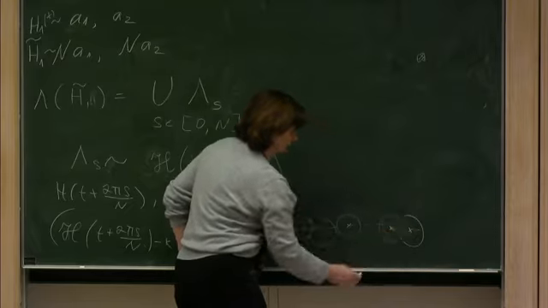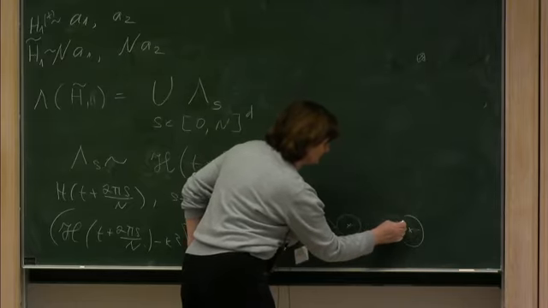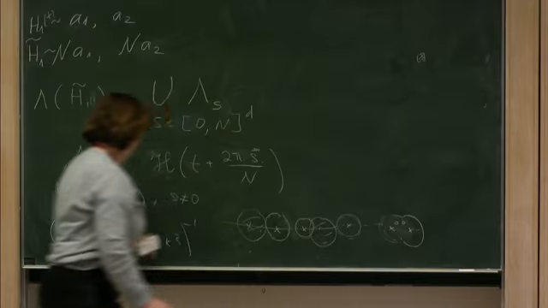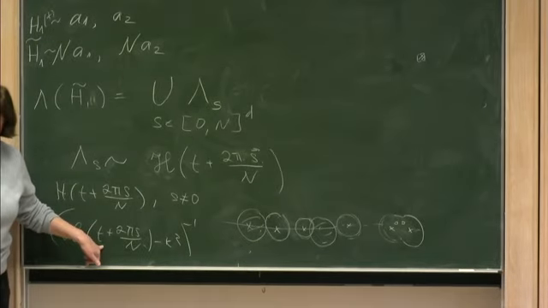So if we had here 2 poles, then we will still have two poles for this perturbed resolvent.